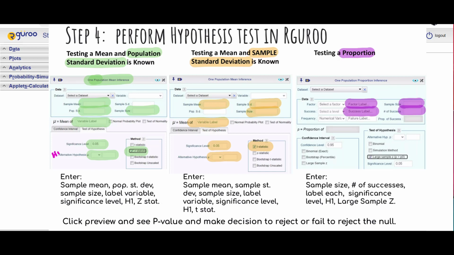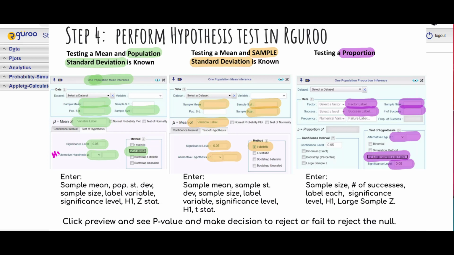Proportion of a success will show up automatically right here once you fill these two in. And then once you label these, this will show up as well, so you don't have to do anything there. What you do need to do is put in your alternative hypothesis and choose large sample Z and enter your significance level.